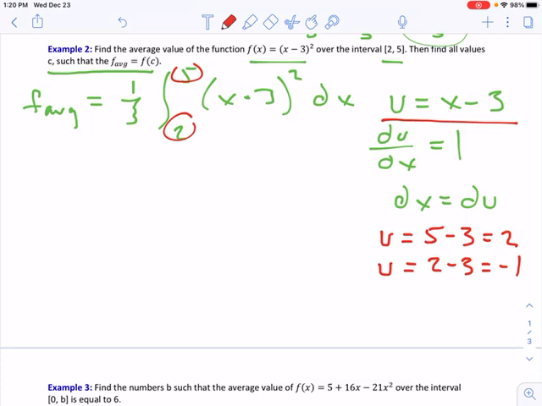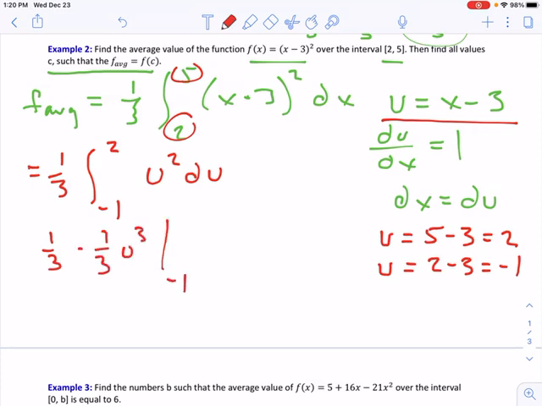So now we're going to change everything. 1/3 times the integral, the lower bound in terms of u now is negative 1, and the upper bound is 2, of u squared du. Well, this just becomes 1/3 times 1/3 u cubed evaluated from negative 1 to 2, which is equal to 1/9 u cubed evaluated.